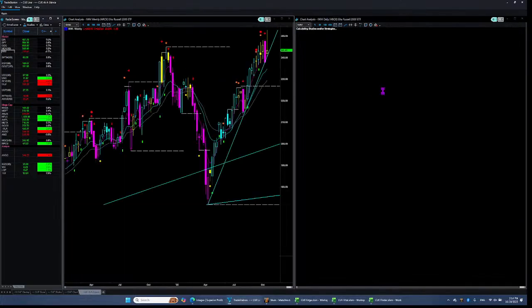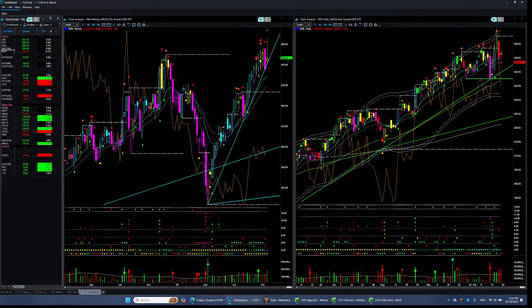IWM made a new all-time high this week, but sharply fell after that. This is what I meant by creating a false upside breakout. It has made a false upside breakout. We can see that in weekly also, went sharply above the long-term watermark resistance this week and immediately reversed down.